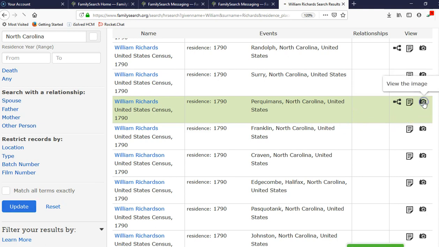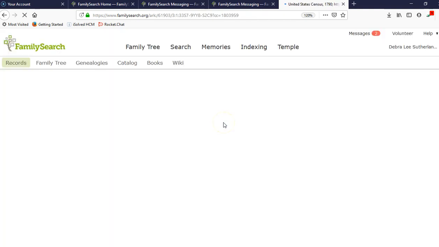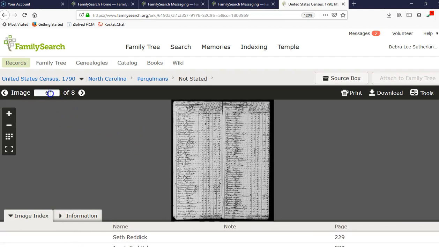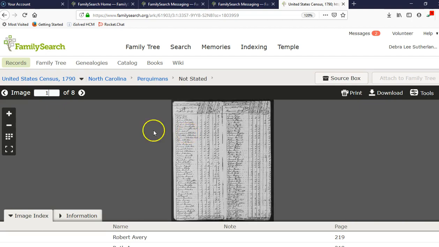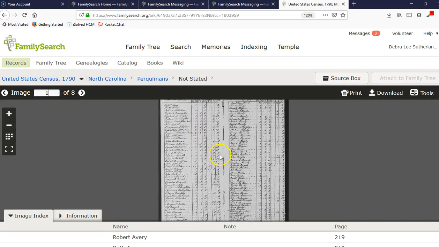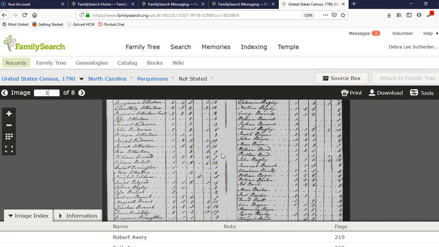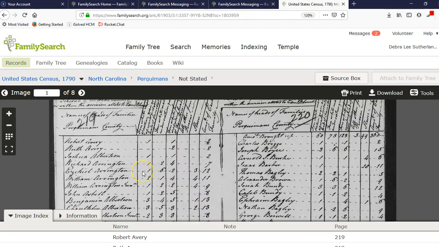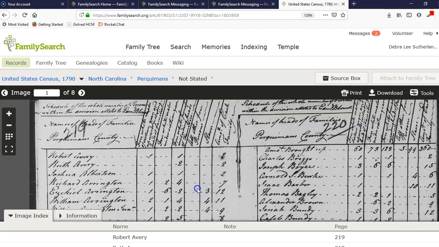So what you would do with this is you would go into a census, and there's 6 pages or 8 pages, so I would start with page 1, even though I know my ancestors are on page 6. If you know some names that they're intermarried with, I would look for those names.